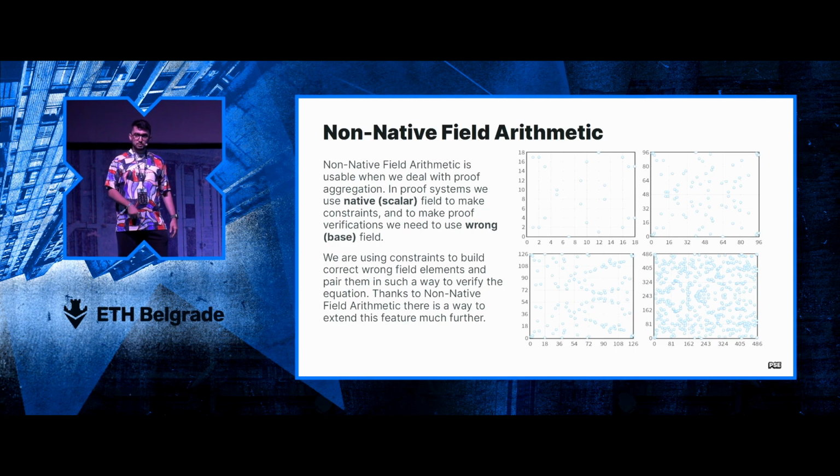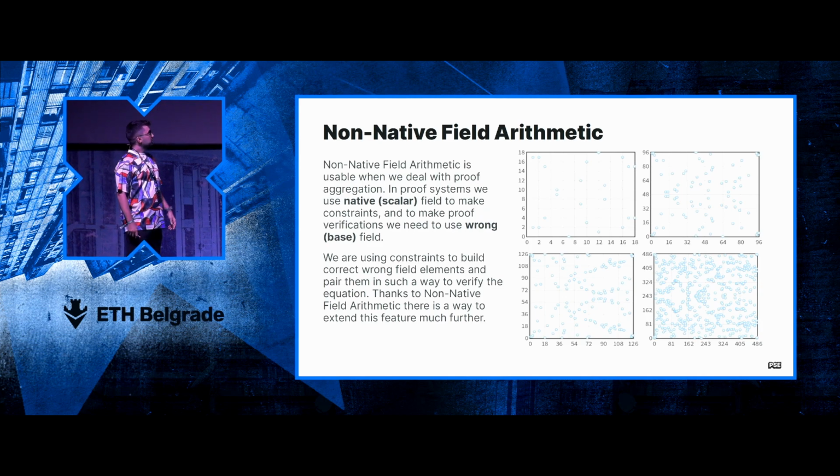So we have two different fields, and our native field is smaller than our wrong field. That's why, when we want to aggregate created proofs, we need a way to crack down our wrong field so we can use it as a native field. That's the main idea here.